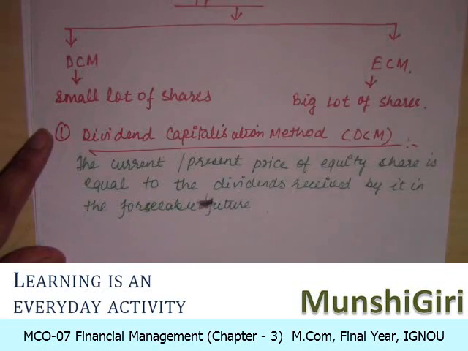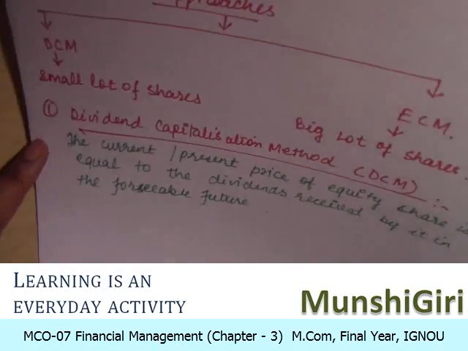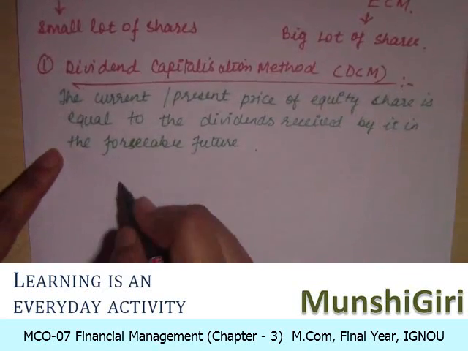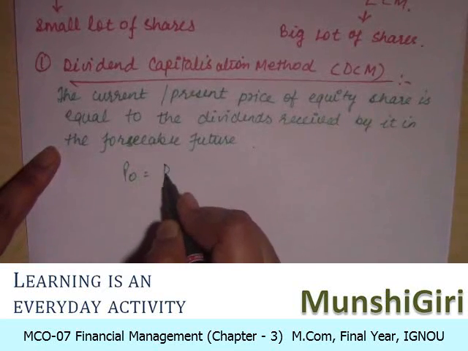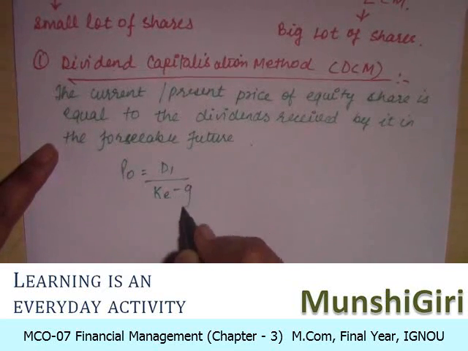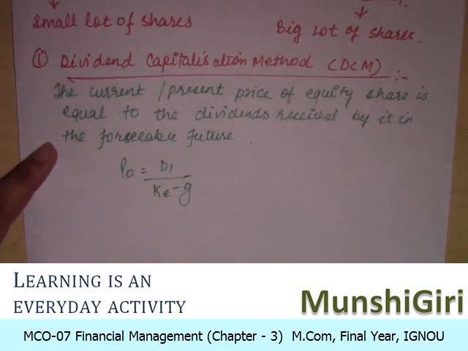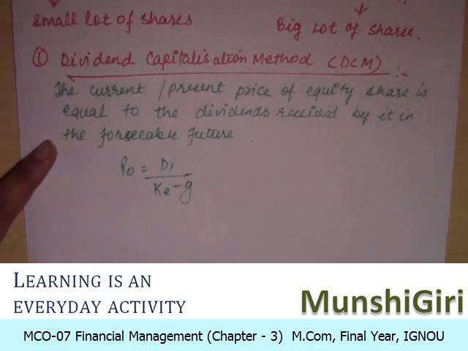Now, the formula for calculating current price when growth rate is constant is P0 is equal to D1 upon KE minus G. You'll understand this when we do an example on it.